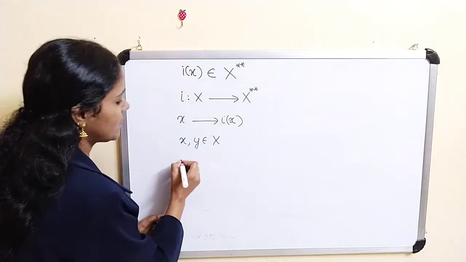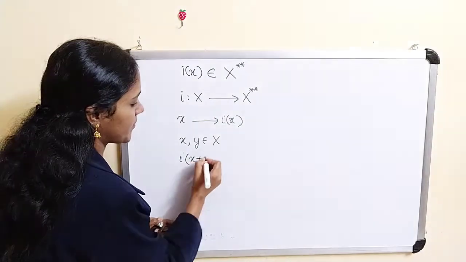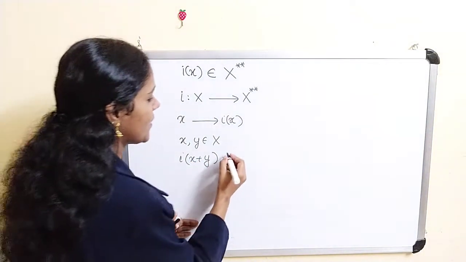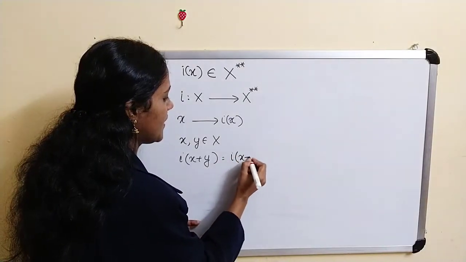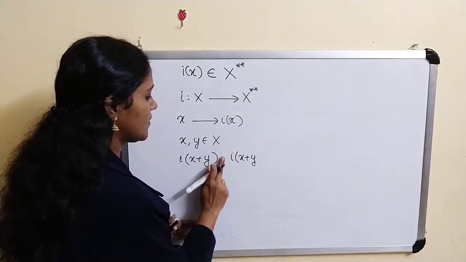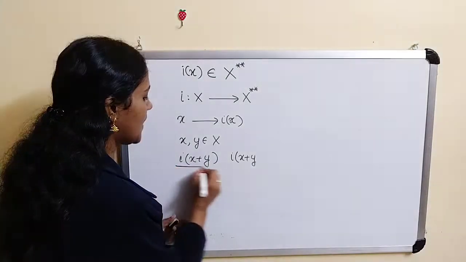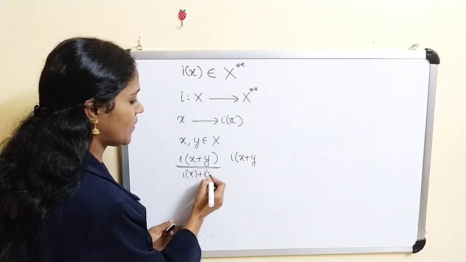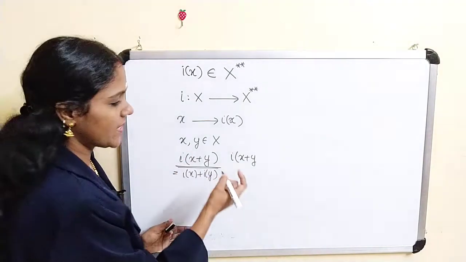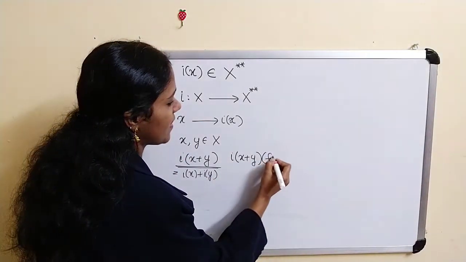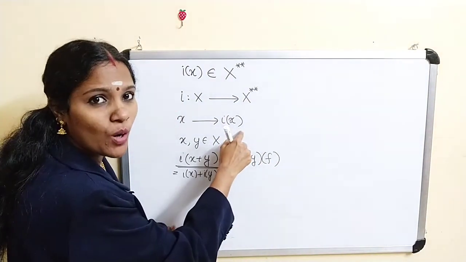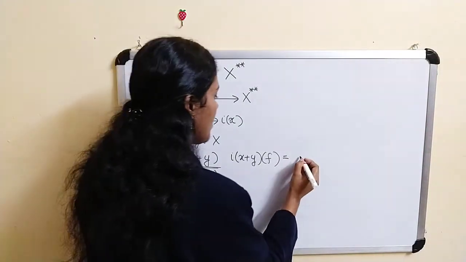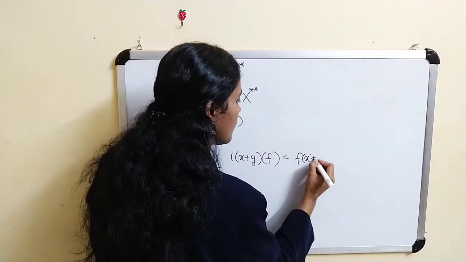Okay. Now what is I of x plus y? Now we have to prove that I of x plus y equal to I of x plus I of y. This is what we have to prove. Okay. For this you take some f belongs to x star. I of x plus y is a map on x star. I of x plus y of f is equal to f of x plus y.